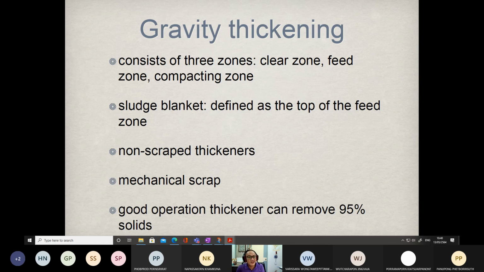Gravity thickening essentially consists of three zones: clear zone, feed zone, and compacting zone, similar to the sedimentation tank, which consists of 4 zones. But in gravity thickening in sludge treatment, there are basically 3 zones.